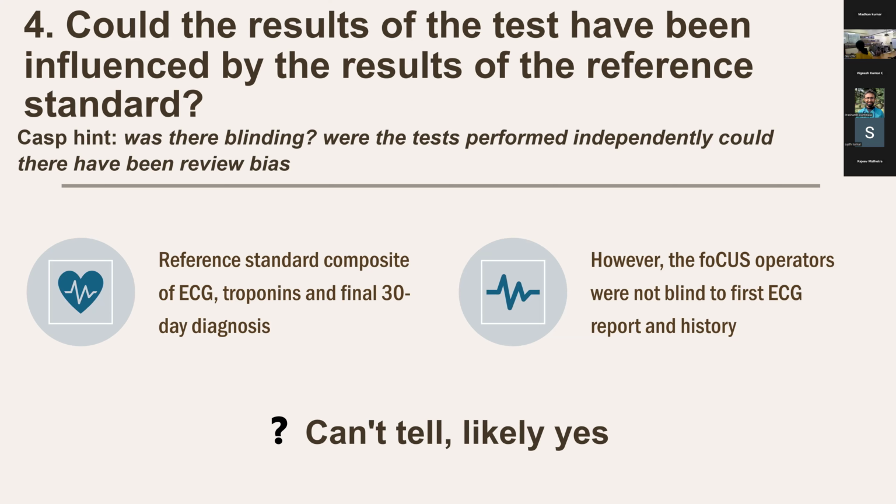So, for example, I'm doing the ultrasound, and someone comes to me with an old MI having severe chest pain for the last half an hour. I already think that this patient likely has an MI, so it's possible that my ultrasound is going to be biased. So ideally it's a yes, but because the reference standard was a composite outcome at 30 days, I've put it as can't tell, but likely yes.